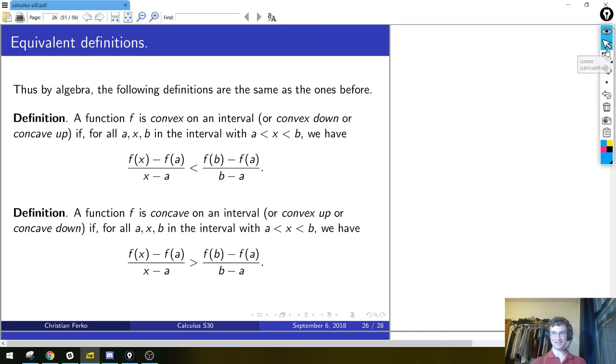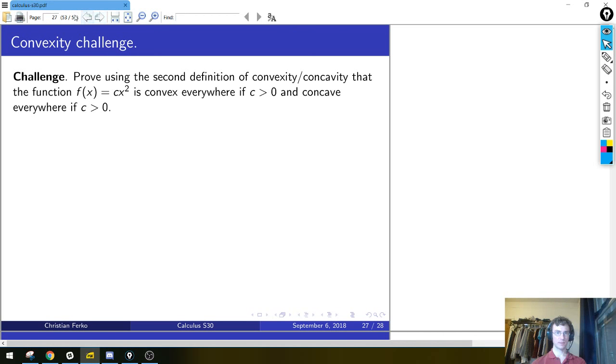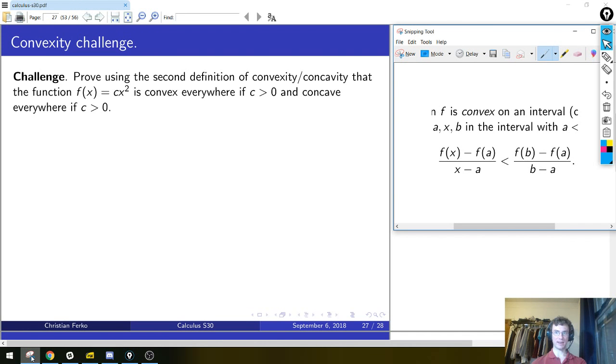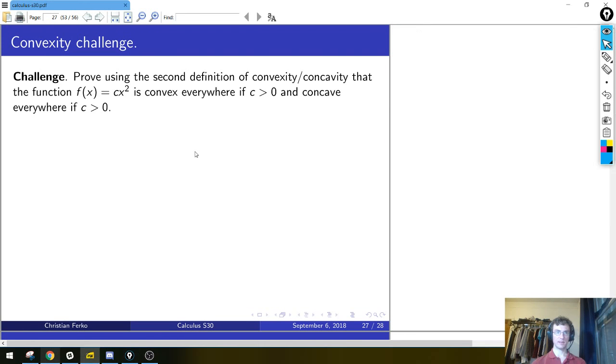Yes. Alright, last thing is a challenge to use this definition. I actually used the snipping tool so we can refer back to the definition of convexity. This is going to start giving us an idea that the second derivative should be related to convexity, because we know that a parabola which opens up has positive second derivative, and it certainly appears to be convex down or concave up using this definition.